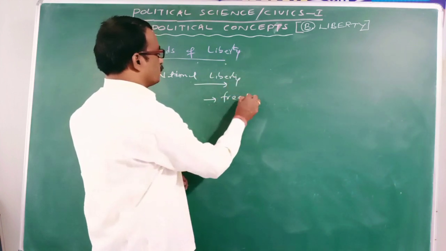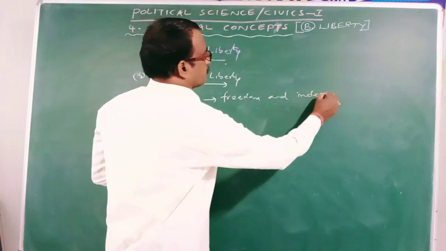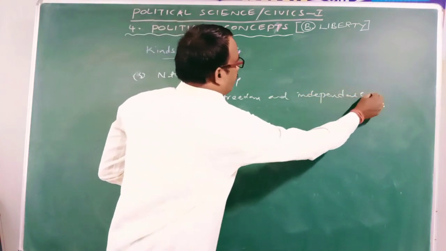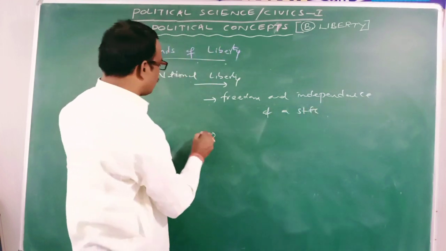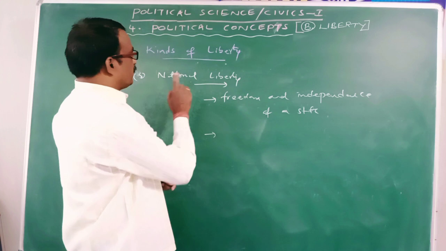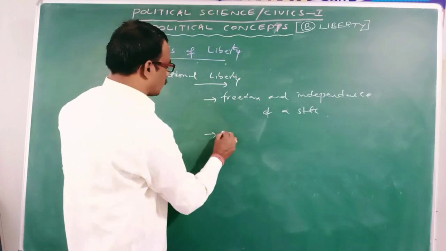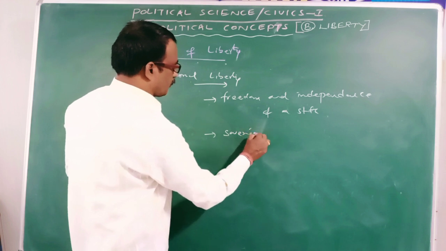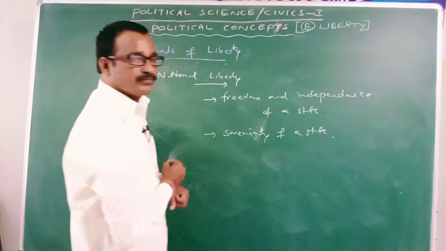Freedom and independence of a state. Clear? In other words, national liberty denotes sovereignty of a state. It denotes what? Sovereignty of a state. Clear?